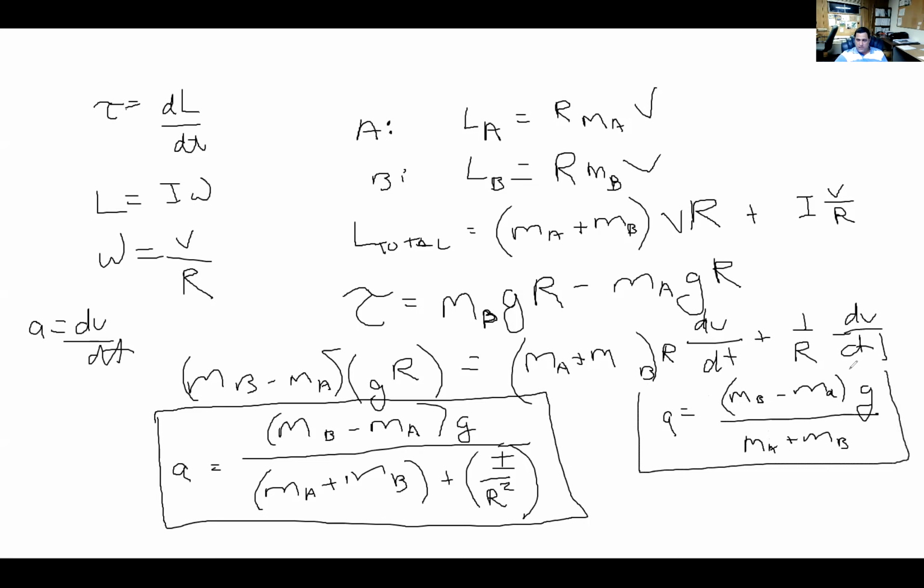Now, this equation here for A ignores moment of inertia. Okay. So the pulley will slow down the system, right? This ignores it, the other one accounts for it. Okay. Two useful equations to have for the exam.